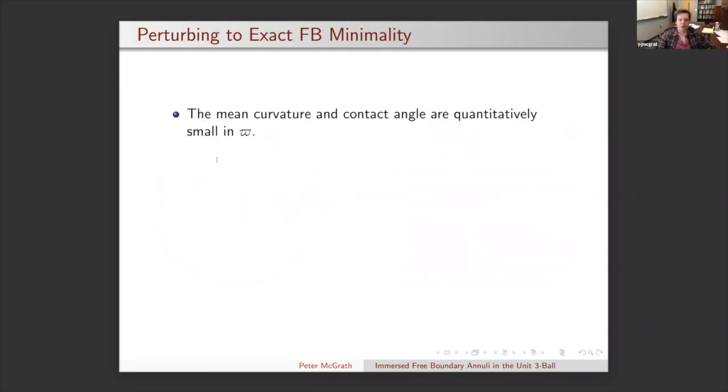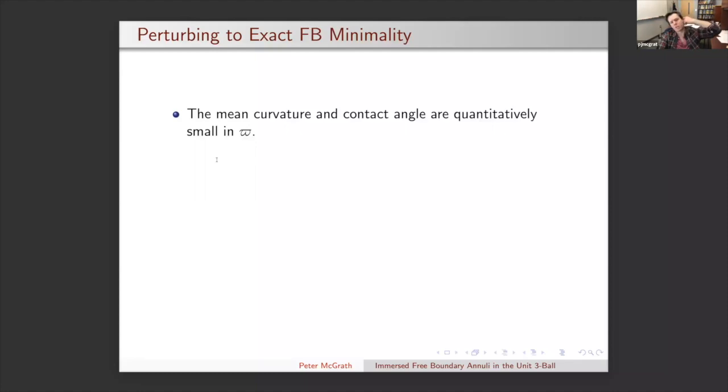So the perturbation argument, so that you can actually achieve free boundary minimality, can be done and follows along similar lines to things that Kapouleas and I have worked on before. So I'll mention that in just a moment. But the important step on getting there is to show that when you construct initial surfaces, as I indicated previously, that the mean curvature and the contact angle are small in a quantitative way in terms of the parameter that's governing everything, the var pi.